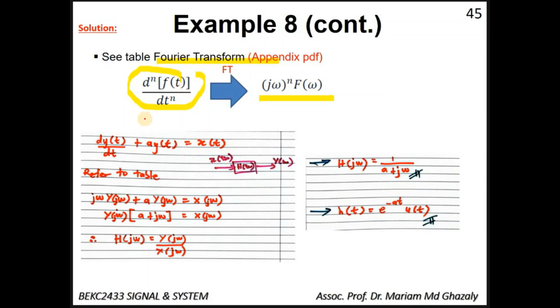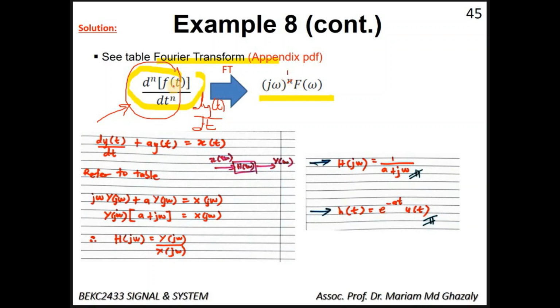By referring to the differential term for the Fourier transform in the appendix, look at dy(t)/dt. This means n is equal to 1, so you can write it as (jω)^n F(ω) with n equal to 1.